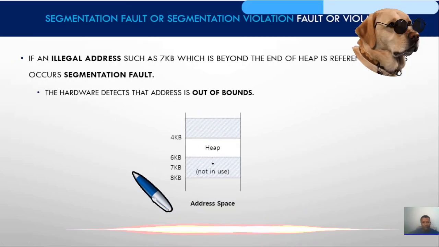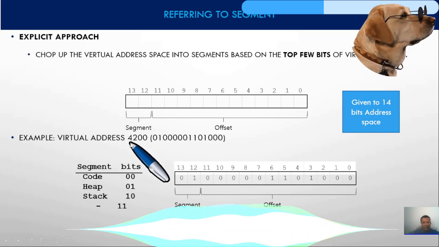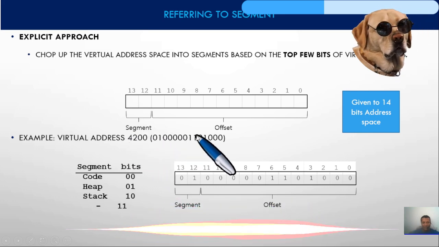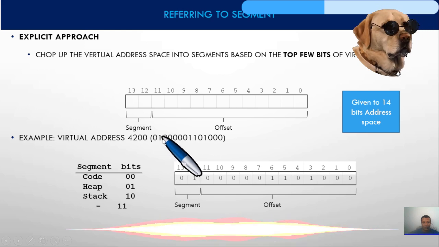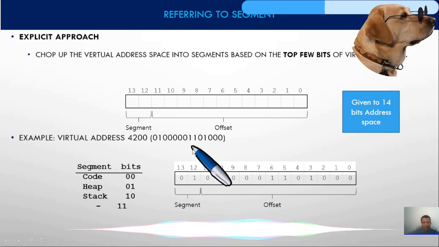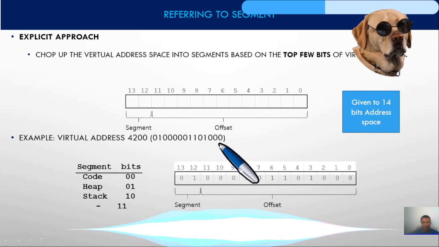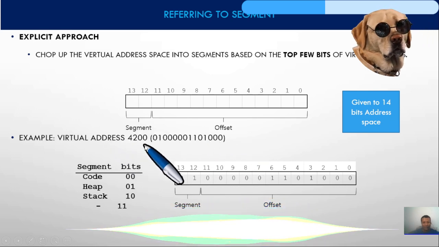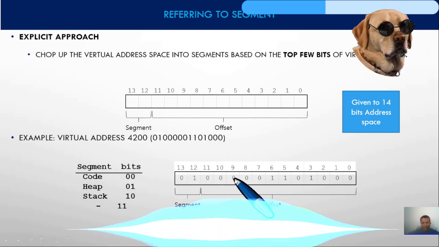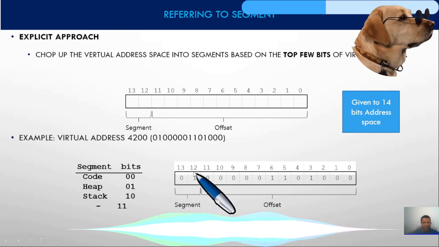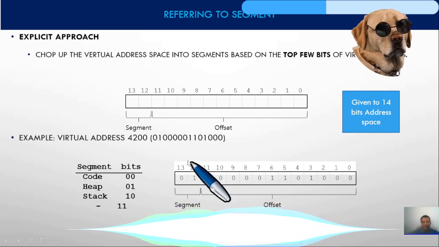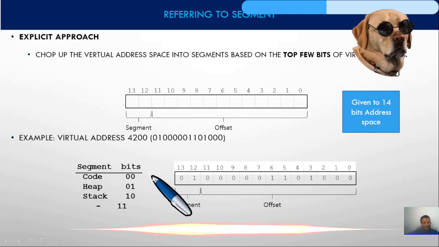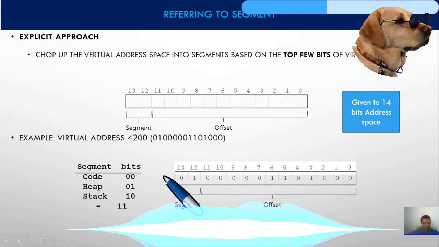So we change this into binary. The binary code of 4200 is 0100000110101000. The first 2 bits tell us the segment information.